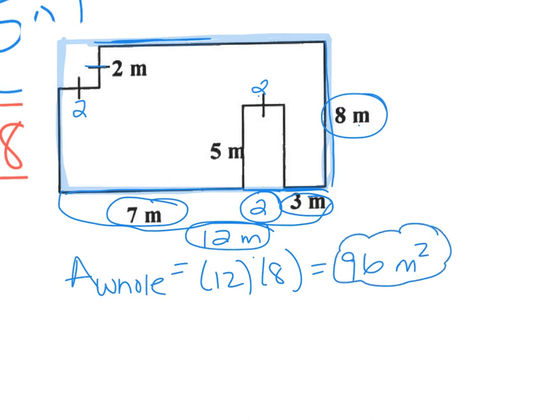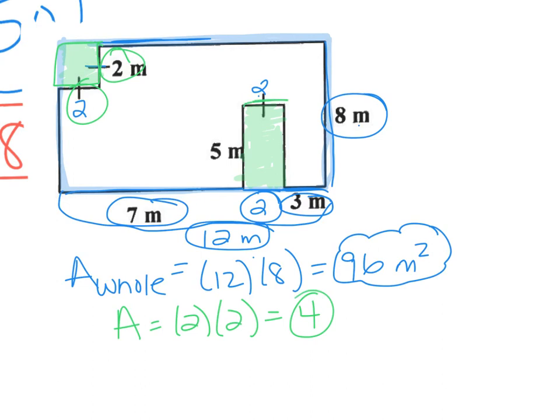From that whole, you're going to subtract out this section in green and this section in green, because they're the open spaces. If I take them away from the whole, I will be able to find the area of what's left. So this square up here is the area of 2 times 2, which is 4.